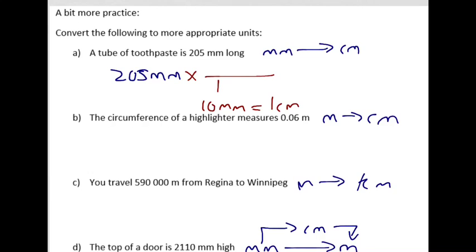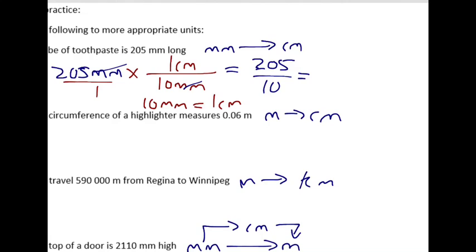Centimeters on the top. Put this over 1 as well. Do my millimeters cancel? Yep. And now I multiply, stuff on the top, stuff on the bottom. So 205 times 1 is still 205, and 10 times 1 is still 10. And just like Kendall said, we're essentially dividing by 10. So this gives me 20.5 centimeters.